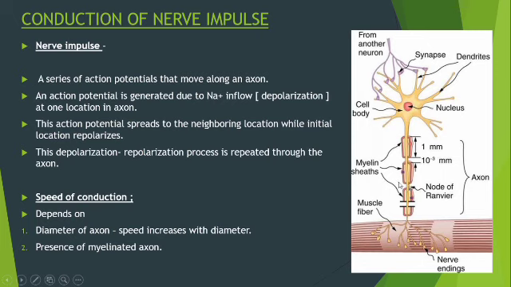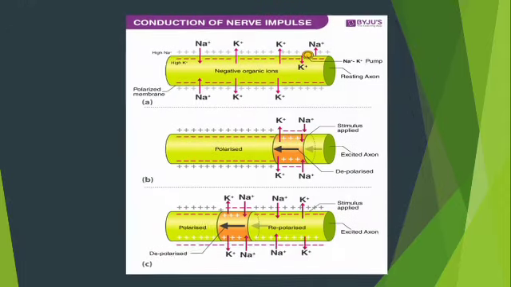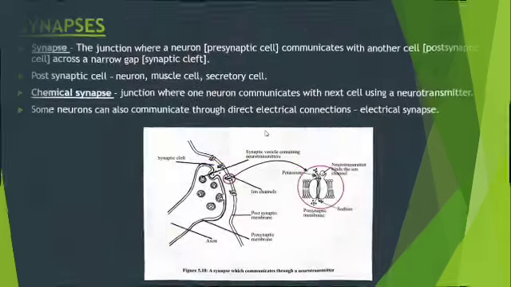The nerve impulse is passed through saltatory conduction, where it jumps from one node of Ranvier to the next node of Ranvier. So this is the process which you learned above, conduction of nerve impulse.